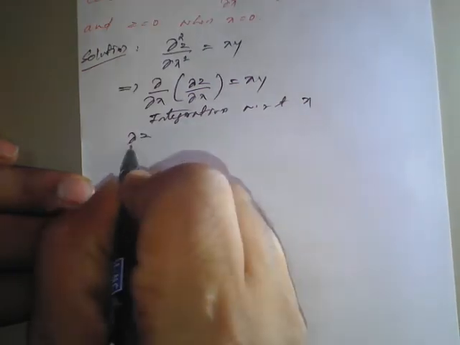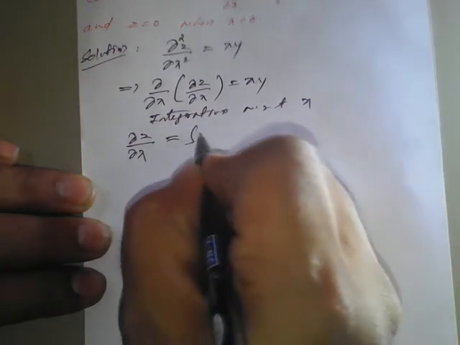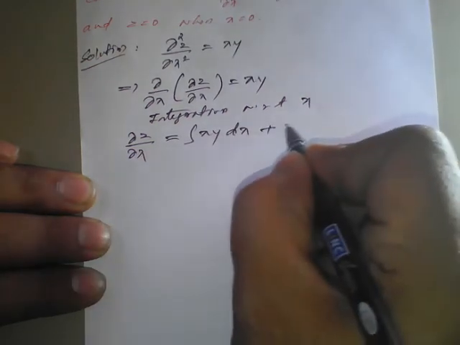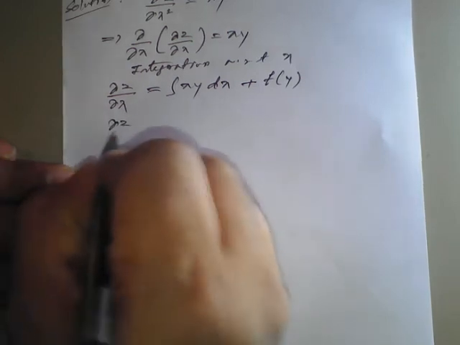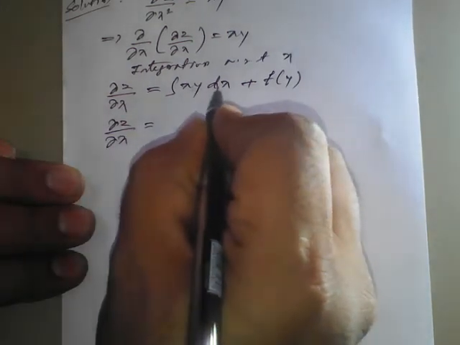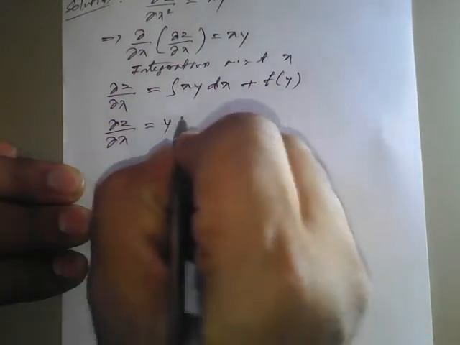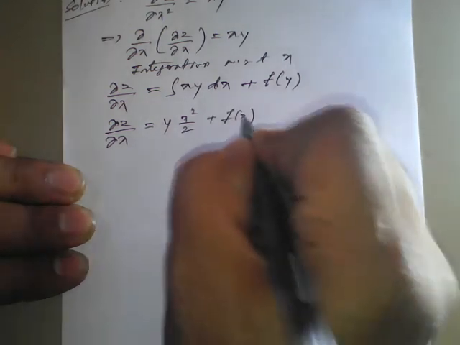What is left, dou z by dou x is equal to the integration of xy with respect to x, that is dx, plus we have to add the integrating factor f of y in place of the constant. So simplifying, dou z by dou x is equal to, with respect to x we are integrating, so keep y as it is, the integration of x is x square by 2 plus f of y.